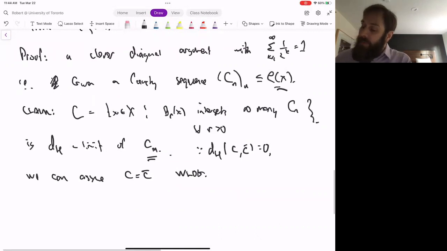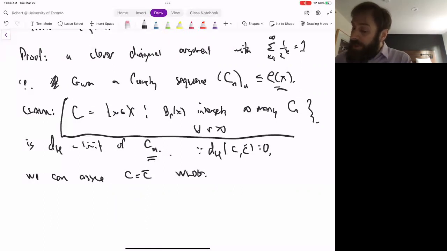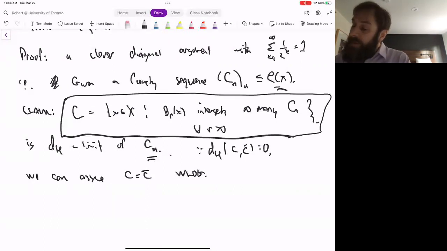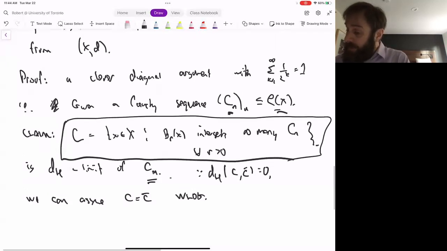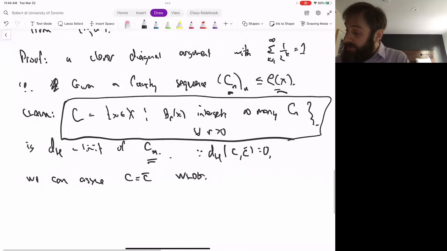So I'm already in the set of closed sets. Then I can just worry about showing that this thing really is the limit in this Hausdorff metric of the sequence of sets. To check that, I need to do basically two things.